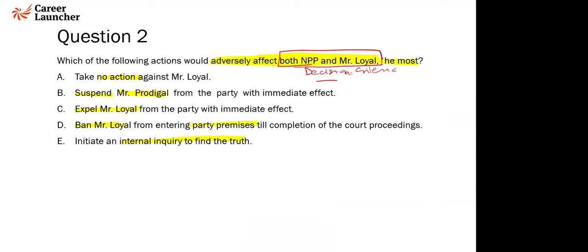So it's got nothing to do with ethics, no? Also, the most ethical is not the answer here. We are looking at damaging these two entities. So which action would damage the two entities the most? So remember, while you should keep in your mind that you should be ethical, etc., you have to stick to the decision criteria. And if you don't stick to the decision criteria and blindly go for the most ethical option, then you are going to be making a mistake.